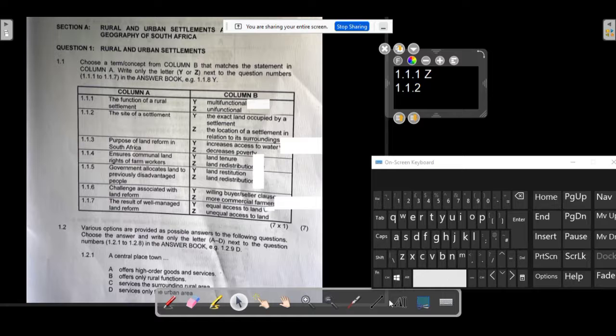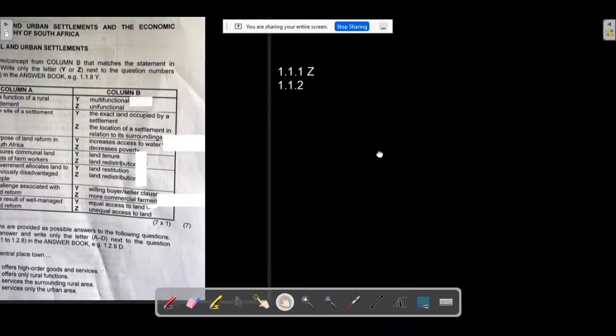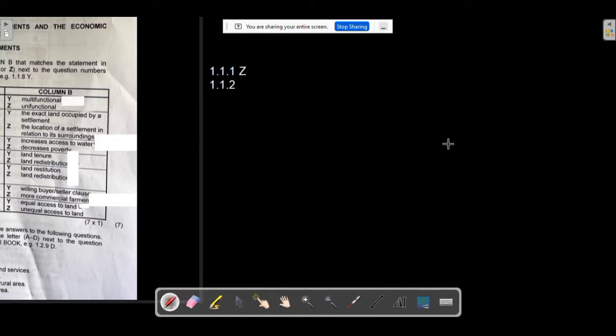Now, guys, we said that there's a difference between a site and a situation. A site is the actual location. This is where I stay in this particular area, maybe Soweto, and this is the exact area. This is what we call a site.